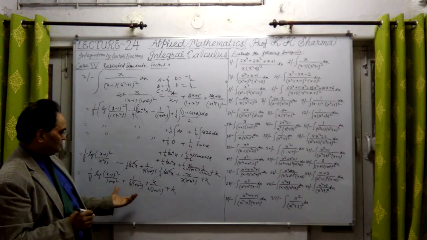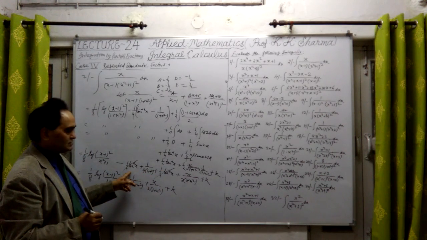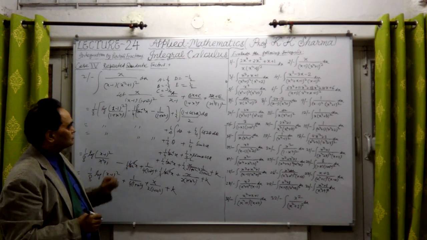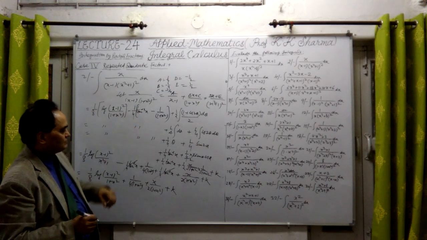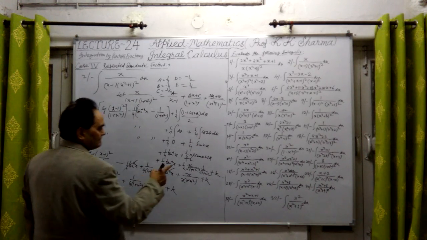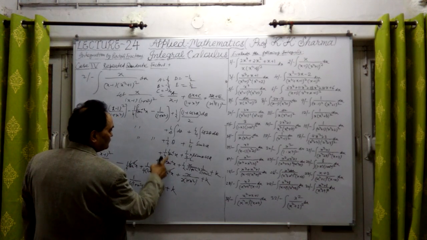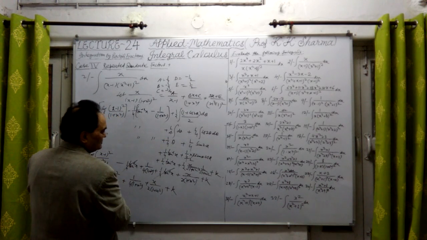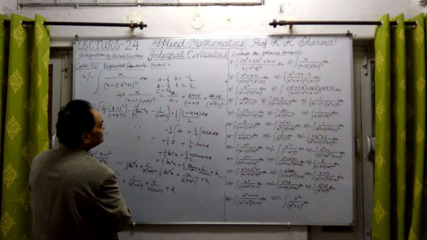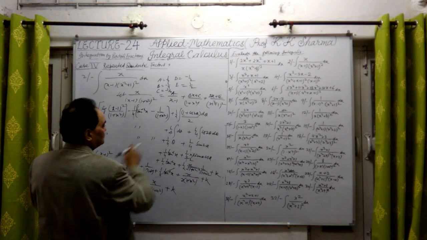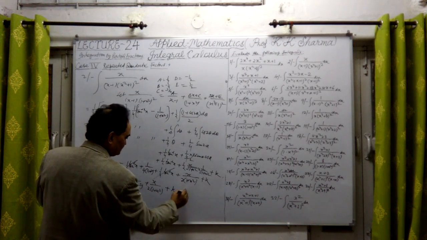So only these values: the 1/4 tan inverse x and this 1/4 tan inverse x cancelled out. The last one, this value 1/4 tan inverse x is theta, so these two are also cancelled out. And finally this is the answer.